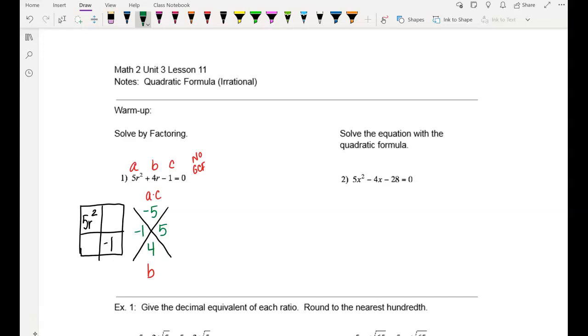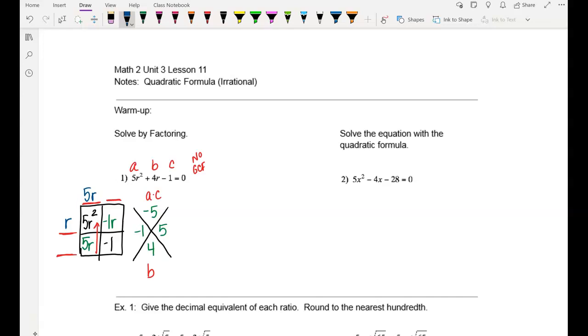-1 times 5 gives me -5. -1 plus 5 is 4. So I have a -1r and a 5r. And again, what I'm looking for is what were the numbers that started out here to get those answers? Well, 5r squared and 5r both have a 5r in common, which means this side would only have an r left.